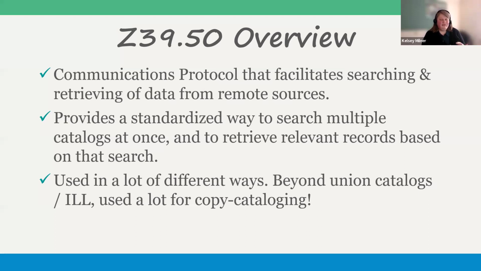Z39.50 is kind of a backdoor into library catalogs. In addition to being used in interlibrary loan, it's also used quite frequently for copy cataloging, because it allows libraries to locate and retrieve high quality MARC records at no cost.